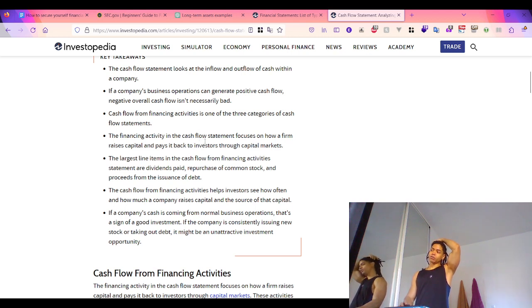So the end goal of this is to sell the business or to make an IPO, initial public offering, and with that repay the investors.